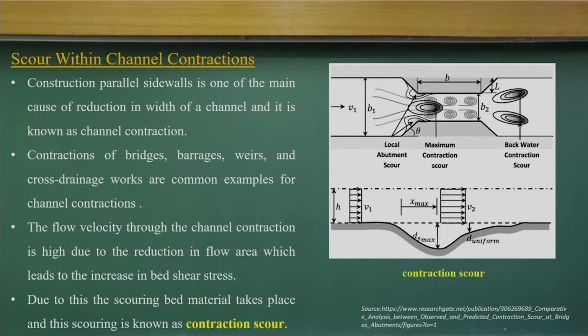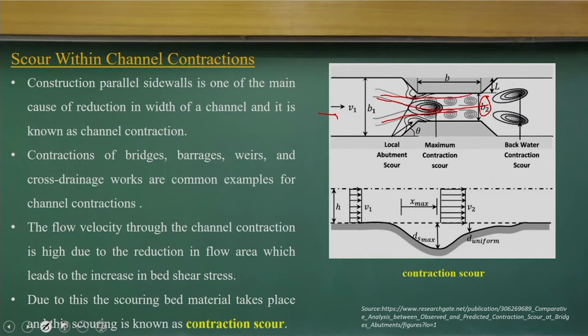What actually happens? If you look at this river coming with a velocity V1 and width B1, because of this bridge construction, we confine the river, we contract the river. As we contract the river, we make the width of the river B2. If you draw the streamlines, they will look like this.